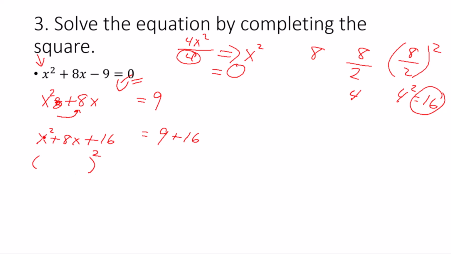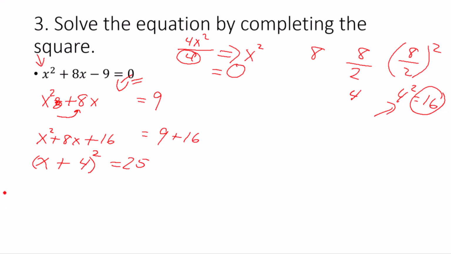Well, x squared comes from x, of course. The 16 we squared from the 4, so the 4, and this operation right here between the x squared and the 8x tells us what goes in the middle. So you have quantity x plus 4 quantity squared equals, now on the other side, just add those two together, you've got 25.